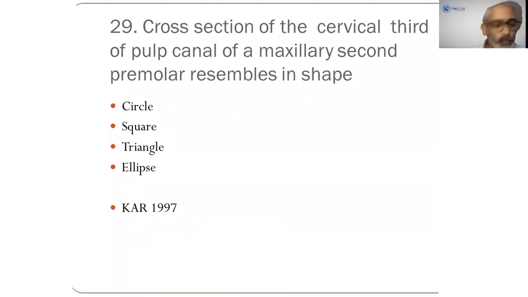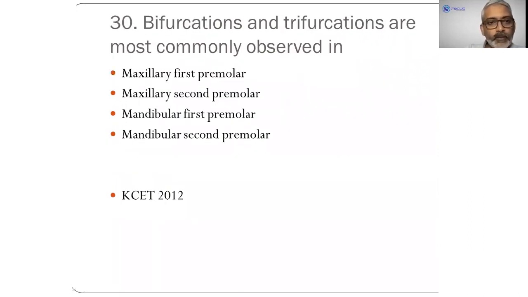It's a very direct question. At the cervical third of a maxillary premolar, what will be the shape? It will be elliptical. Good. Bifurcations. Why is it called the enigma to the endodontist?